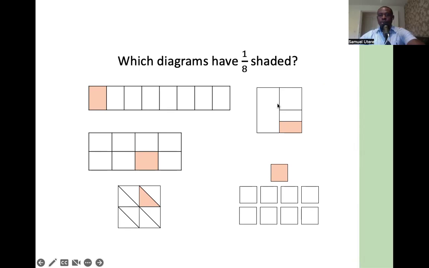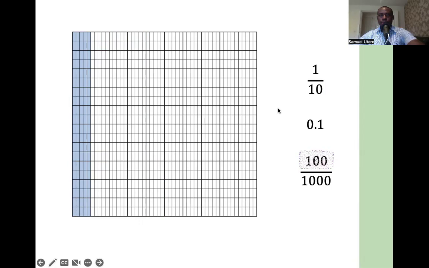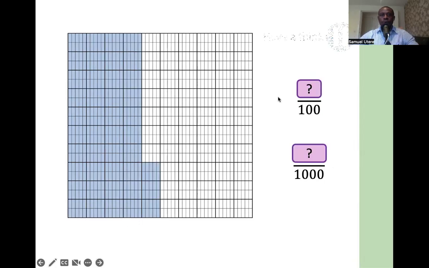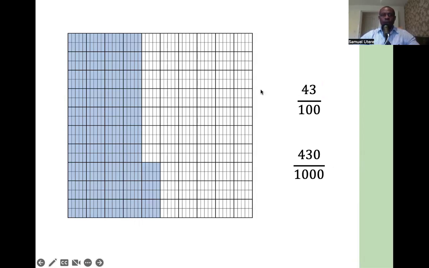What about this one? How do we represent this as a fraction? Have a think.